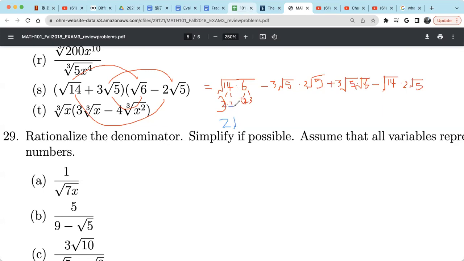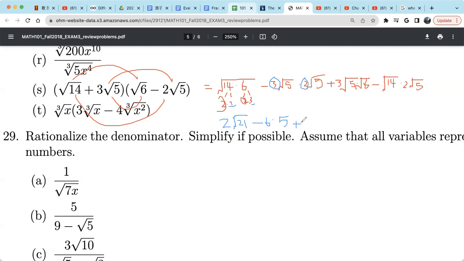We still have this 7, we still have this 3. So square root of 21. Square root 21 cannot be simplified. Now minus, we have this 3 times 2, which is 6. Then we have radical 5 times radical 5. That becomes radical 5 squared, which is just 5.